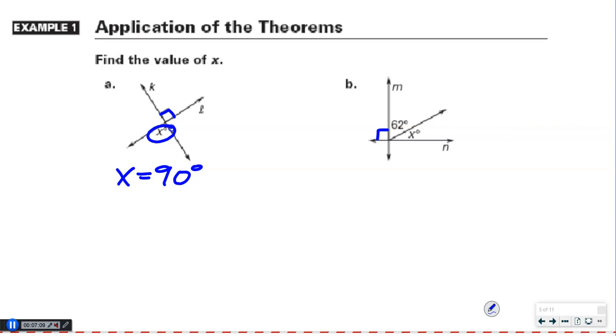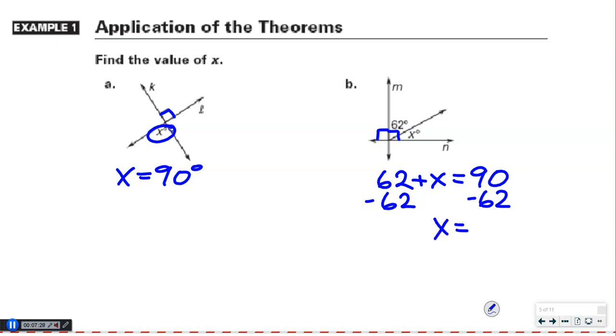And 62 and x are that other side. So that's also 90 degrees there. So 62 plus x equals 90 because 62 and x are complementary. x will equal 28.